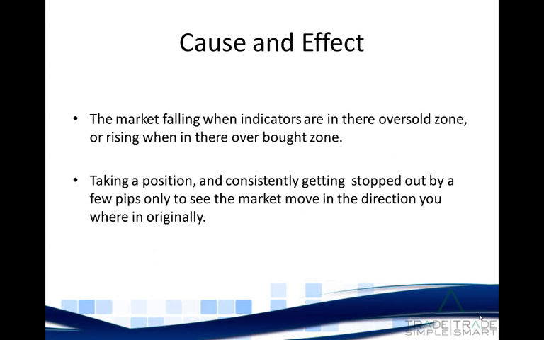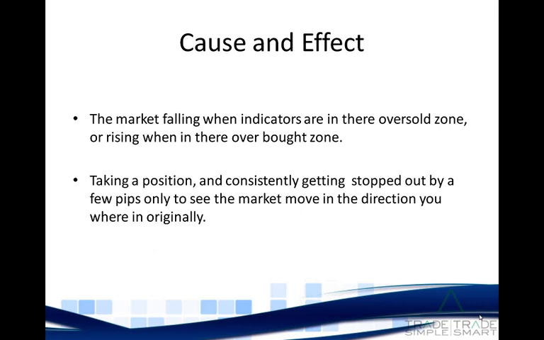Okay, so trading indicators are very often manipulated, and generally what you will see is markets falling when indicators are in their oversold zone, or rising when they are in their overbought zone.